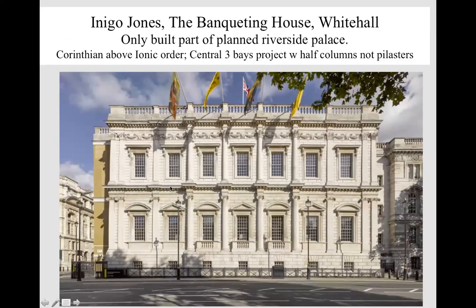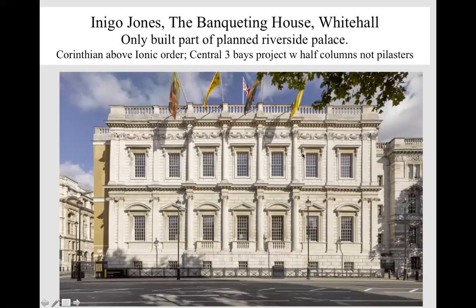So it's, again, Inigo Jones, very typical emphasis on proportion, on harmony, symmetry, exquisite detailing. He's used two orders, the Ionic order beneath, the Corinthian order above. You can see the emphasis on the white stone.